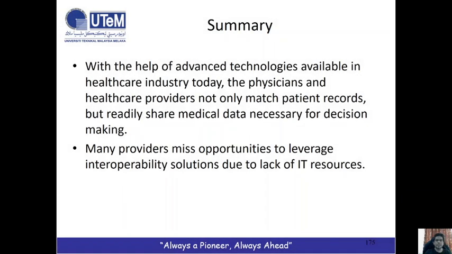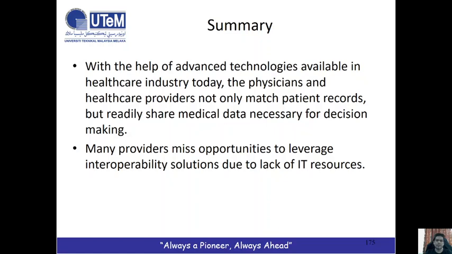Okay, class. In summary, with the help of advanced technology available in the healthcare industry today, physicians and healthcare providers not only match patient records, but readily share medical data necessary for decision making through the interoperability characteristic.